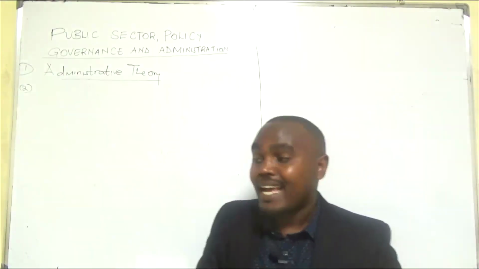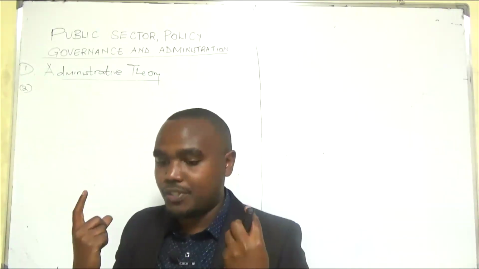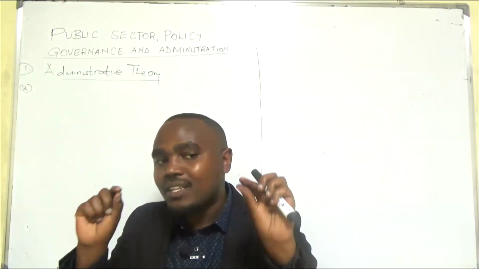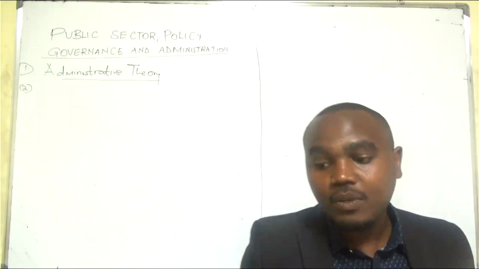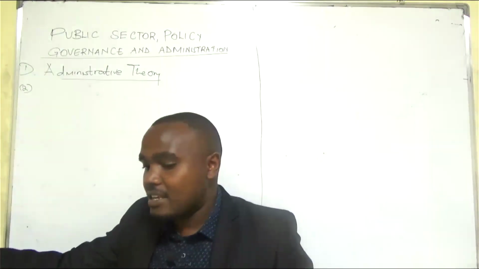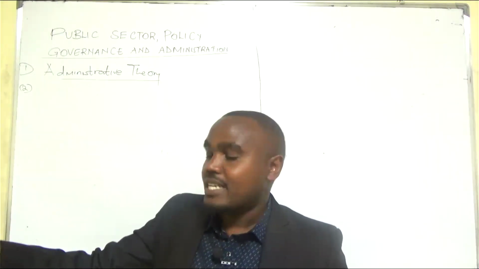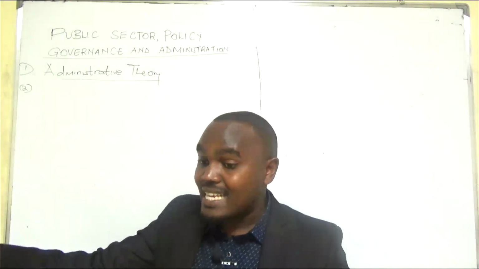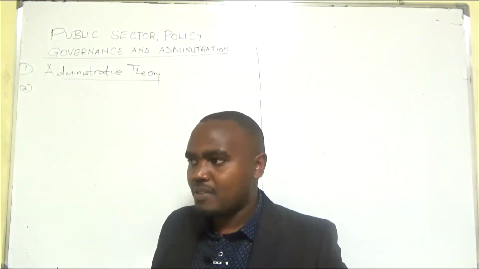And two, let us improve the whole system of an organization. Let us work on the structures that we put in place in an organization. That is what Henry Fayol told us under the principles of management. And therefore, that theory is the one that we commonly use in the public sector. So what are the 14 principles of administration?